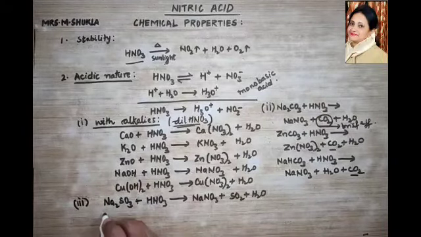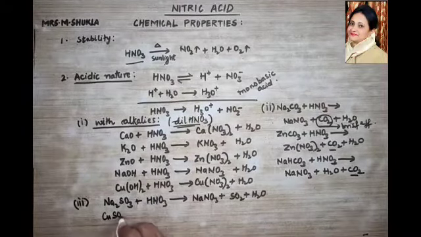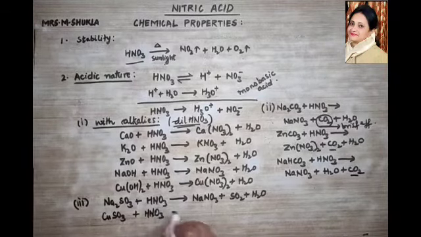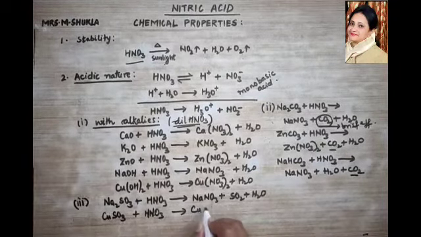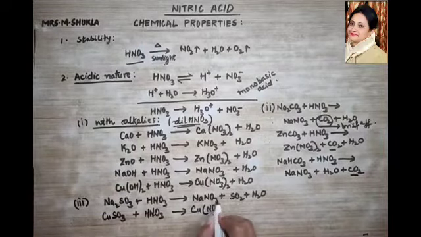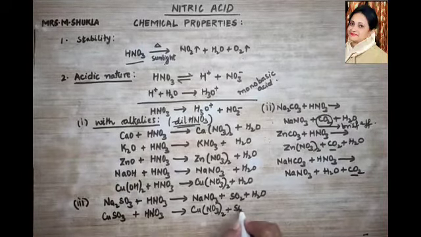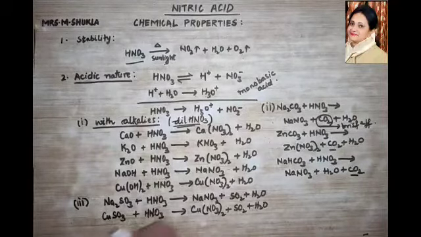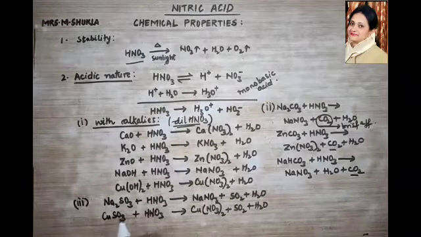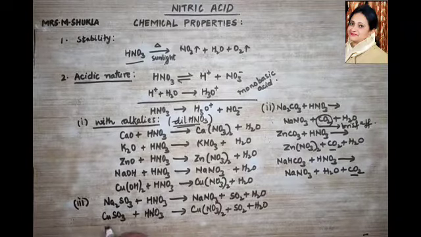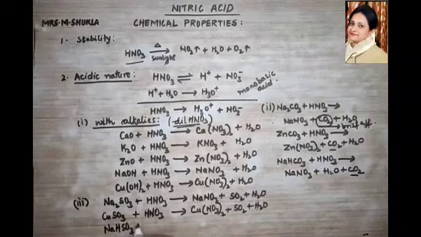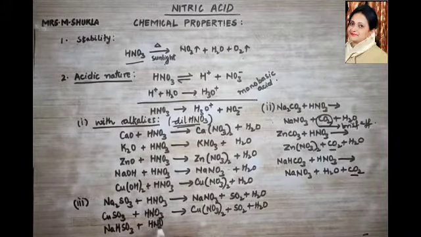Another example could be CuSO3 plus HNO3. It is going to give you Cu(NO3)2 plus SO2 plus H2O. Let's talk about one bisulfite. So, let's take NaHSO3 plus HNO3 on heating. What is it going to give us?